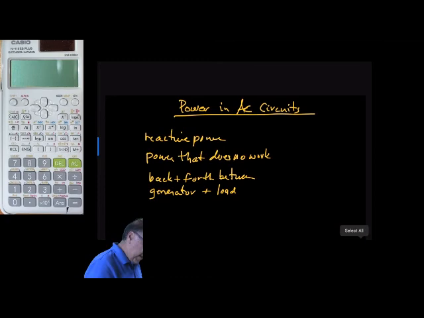And that's because it's in the imaginary axis.